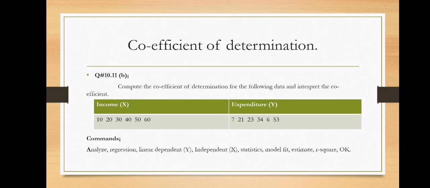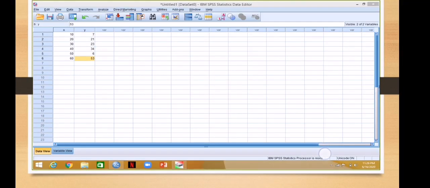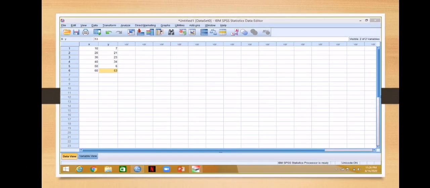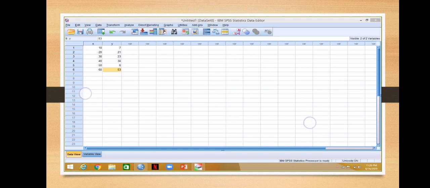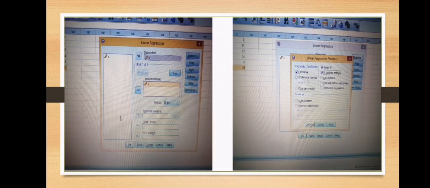Let's solve a question from the exercise. Question number 10.11 part B. Here I write the commands: analyze, regression, linear, dependent y, independent x, statistics, model fit, estimate, R square change, and then OK. So, here I put the data in x and y respectively, and then analyze, regression, and then linear.